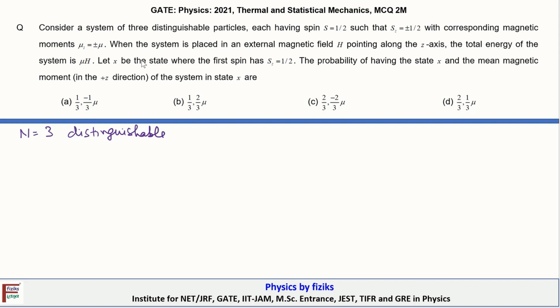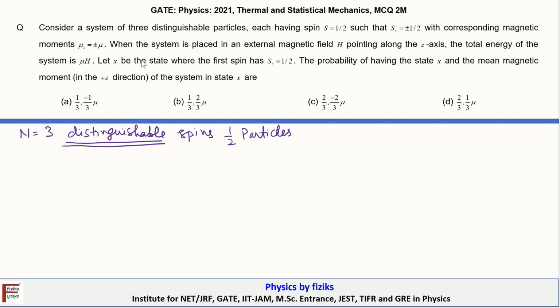So we have a system of n = 3 distinguishable spin-1/2 particles. Although they are identical, they are treated as distinguishable.